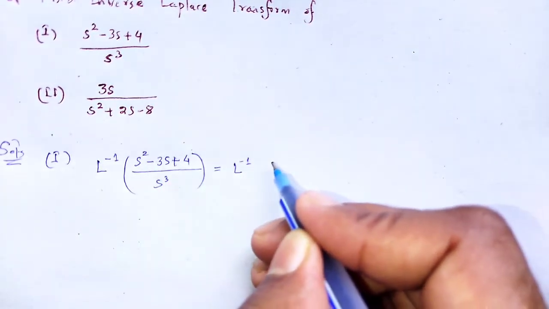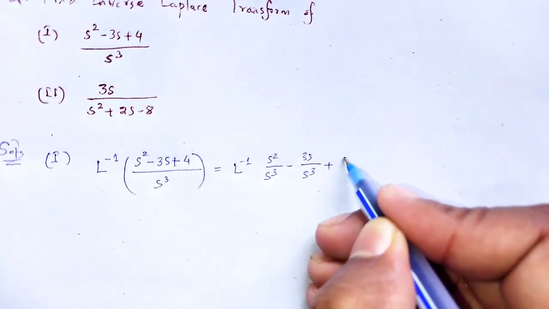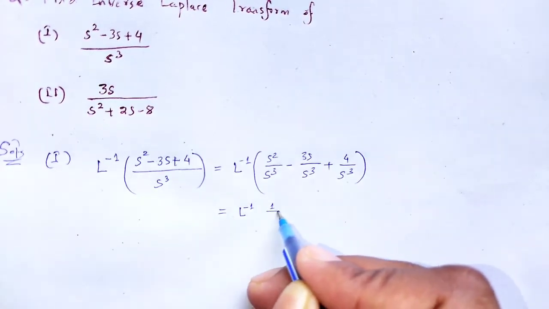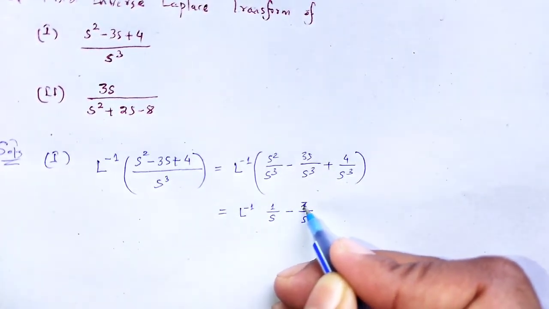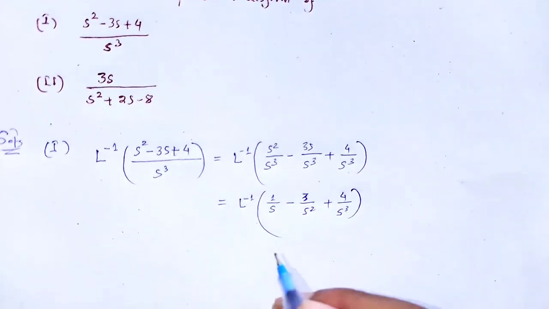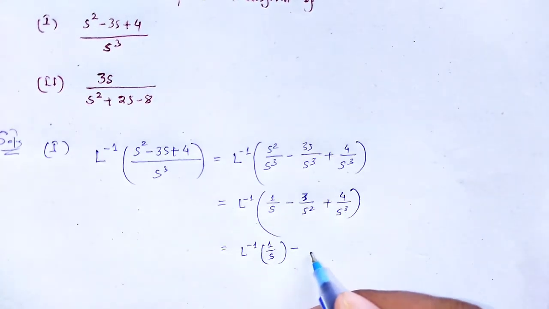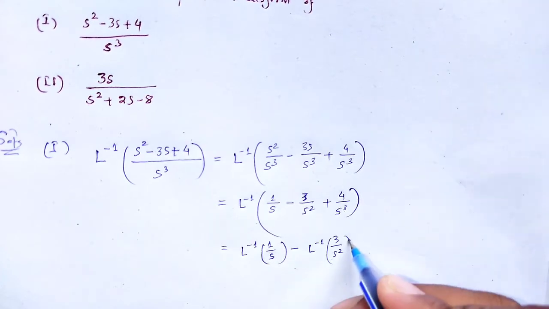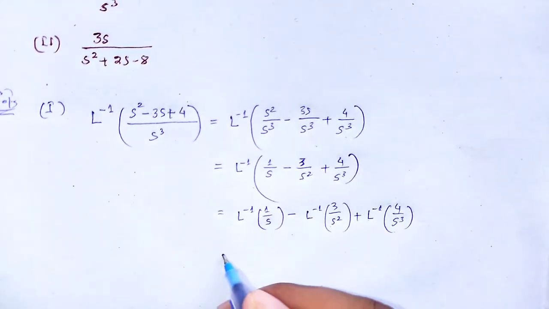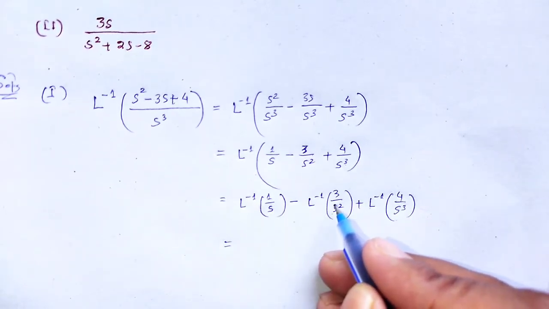S cube is divided throughout all the terms as s square divided by s cube minus 3s divided by s cube plus 4 divided by s cube is equal to L inverse of 1 by s minus 3 by s square plus 4 by s cube, which is equal to inverse Laplace transform of 1 by s minus inverse Laplace transform of 3 by s square plus inverse Laplace transform of 4 by s cube, which is equal to the constant terms taken outside.